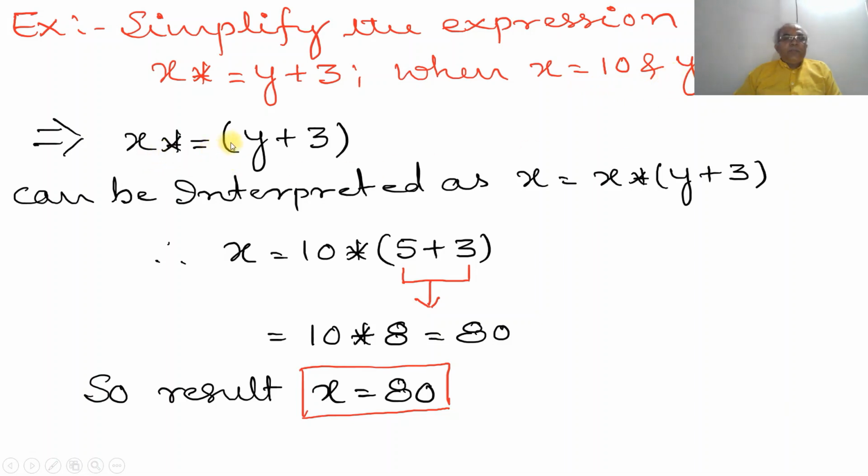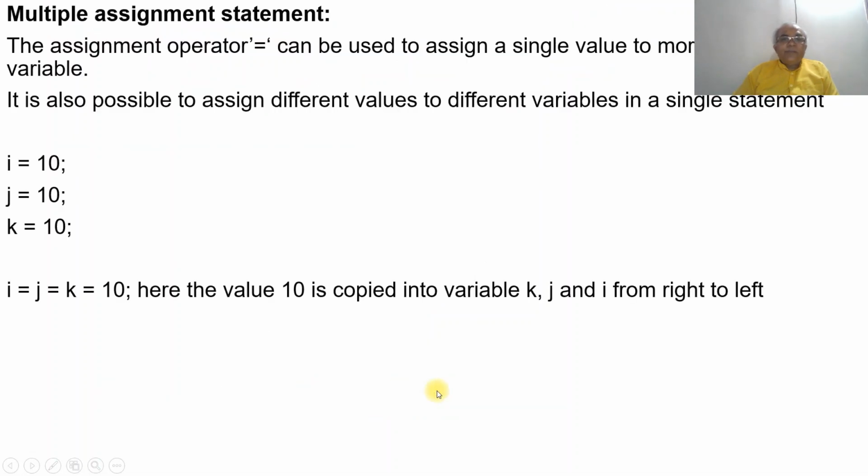So x = 10 * (5 + 3). First the parentheses: 5 + 3 becomes 8. Therefore 10 * 8 becomes 80. So the result is x = 80.